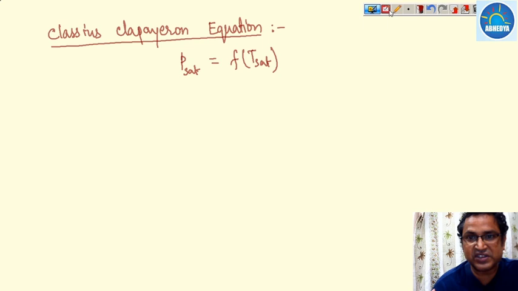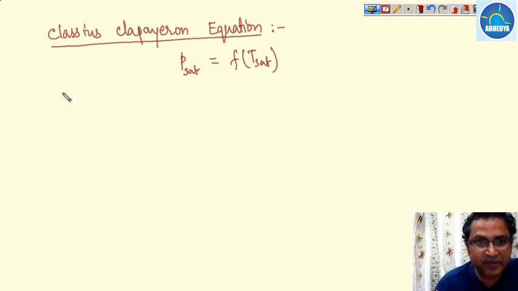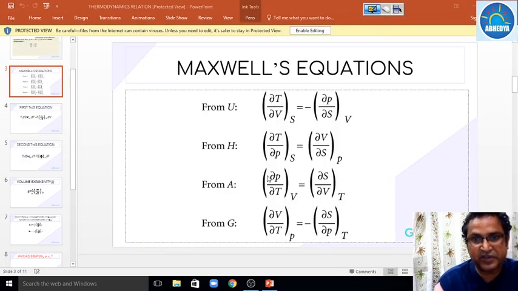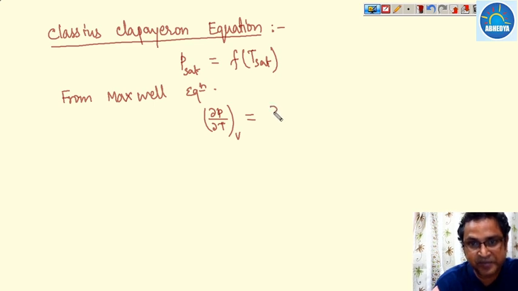From the Maxwell equation, del P over del T at constant volume is equal to del S over del V at constant temperature.